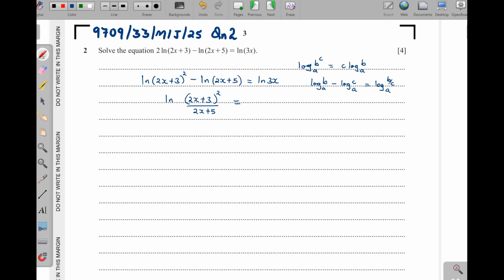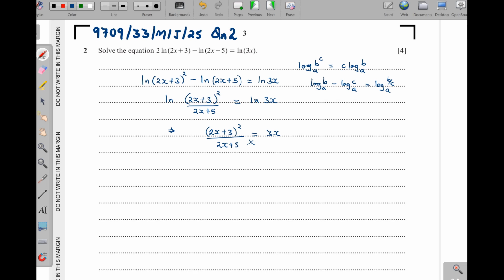And then this one is going to be equal to the natural log of 3x. Now, this is a natural log of something, and this is a natural log of something. So since the two logs are equated, then that means that the powers are also equal. So this simply implies that the 2x plus 3 bracket squared out of the 2x plus 5 will be equal to 3x.